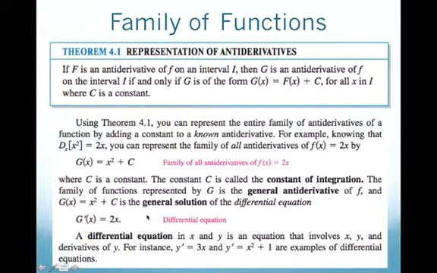All right, and you can read this further. It talks about what a differential equation is, well, that's what these are. These are differential equations. When you are given f prime, some function, and you have to work backwards to find the antiderivative, that's a differential equation. Now, something you should know right now is a differential equation doesn't always have a solution.